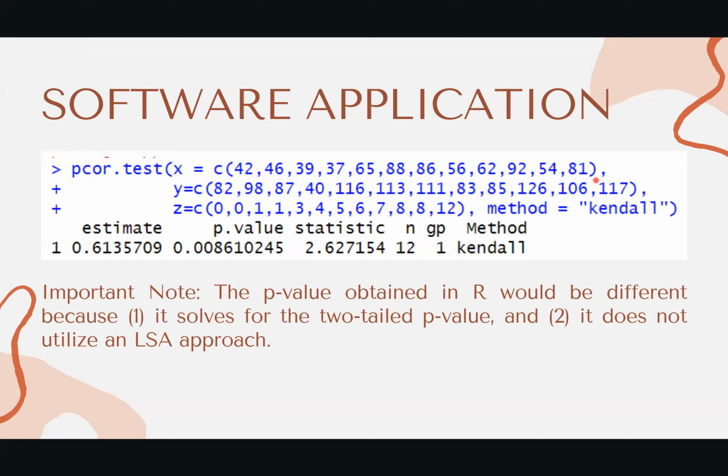Pero itong nakuha natin dito from the software application, pag dinivide natin yan into 2, ang lalabas is 0.0043. So kahit papaano naman, nag-align na siya doon sa ina-expect nating value from it. And that ends our discussion on the Kendall partial rank.